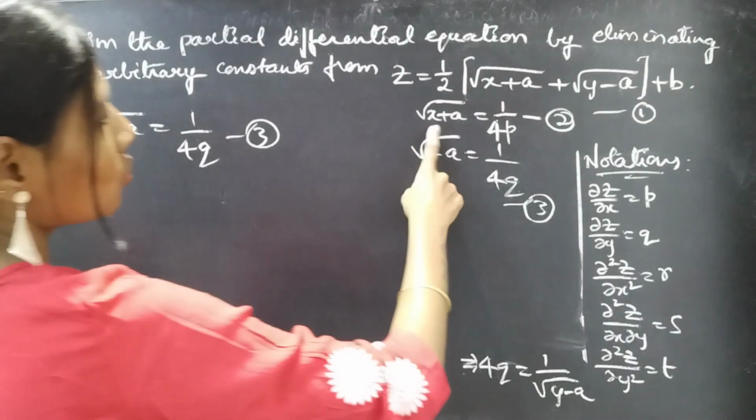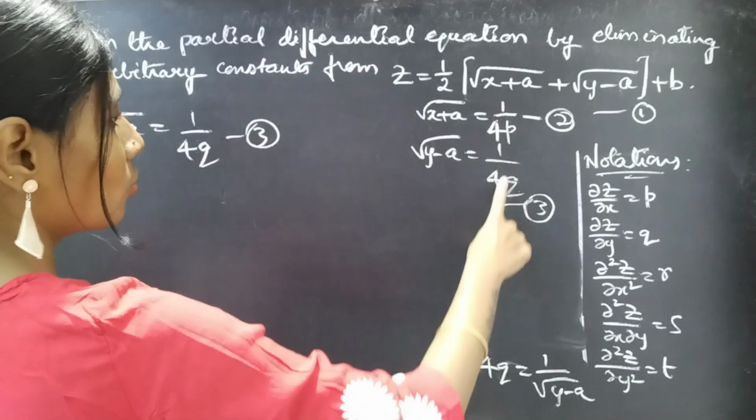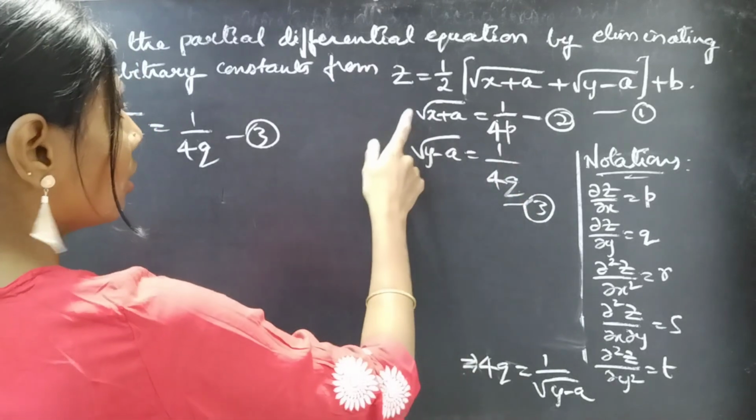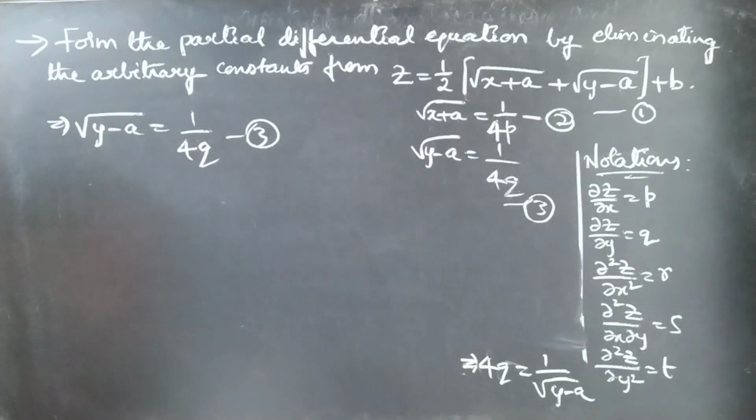In 2 you have square root of x plus a equal to 1 by 4p. In 3 you have square root of y minus a equal to 1 by 4q. So you can get the value of a from 2 and the value of a from 3 also. So let's see that.